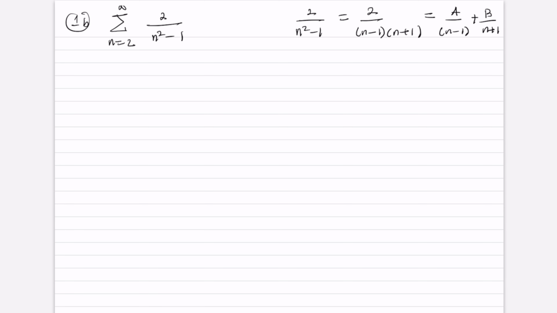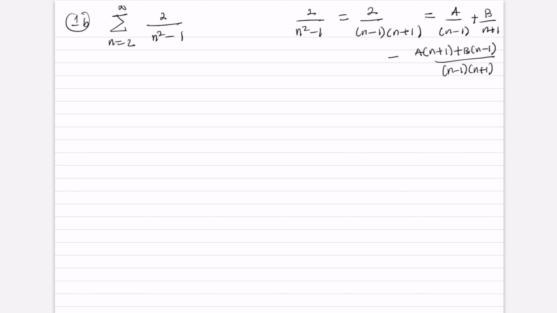Normally what we do here is find the LCM of these two denominators, which is just n minus 1 multiplied by n plus 1. So if I combine them, I'm going to have a multiplied by n plus 1, plus b multiplied by n minus 1.